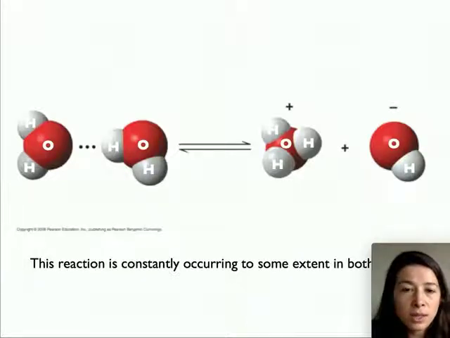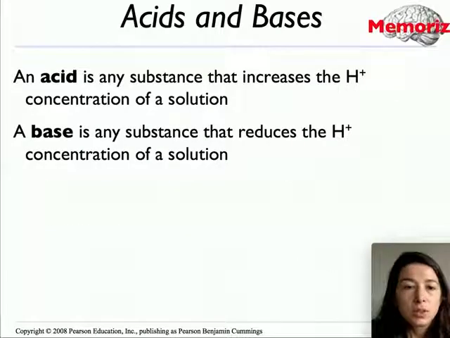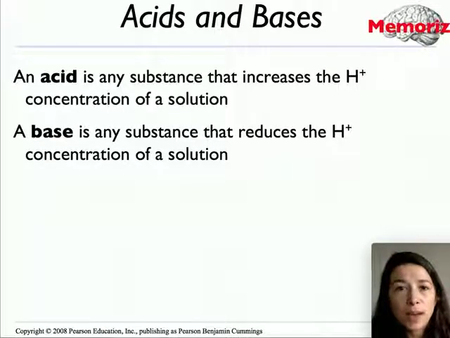If all of the H's and all of the O's are in equal concentration, this solution is considered neutral. But if we start adding additional hydrogens into that solution, it's going to turn it into an acid. So an acid is any substance that increases the hydrogen ion concentration, and we can show that by the letter H.